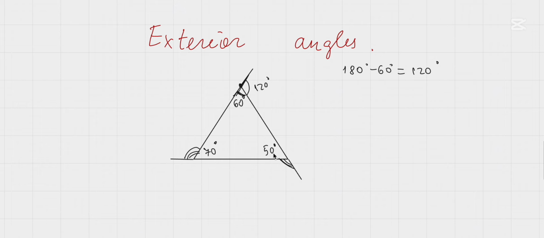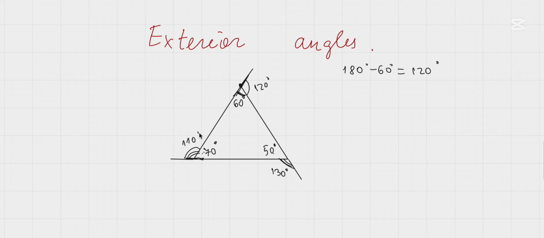So, if this is 50, and this interior angle and exterior angle together make 180 degrees, so 180 minus 50, 130 degrees. Let's look at this exterior angle.